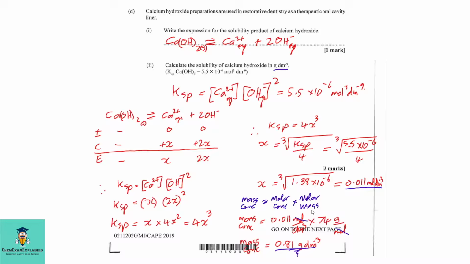So it is 40 for calcium plus 16 for oxygen and 1 for hydrogen, but we must multiply that by 2 since in our compound we have 2 hydroxide ions. So once we calculate the molar mass, we can now work out the mass concentration. So 0.011 moles per dm cube times 74 grams per mole equals 0.81 grams per dm cube. This is our solubility in grams per dm cube.